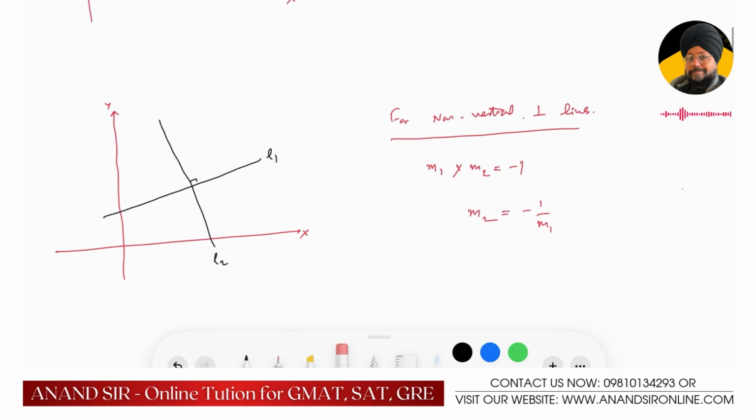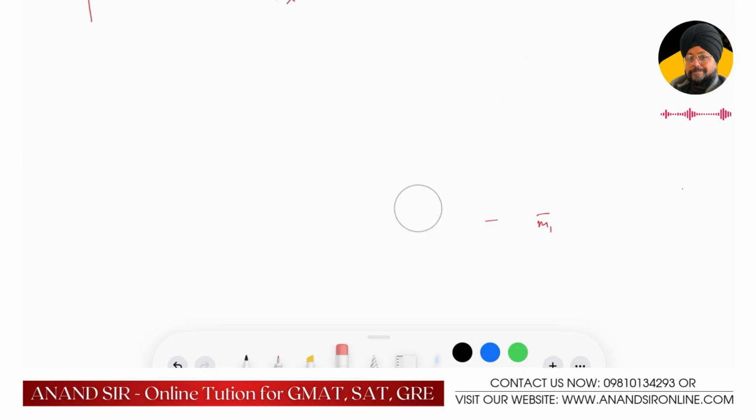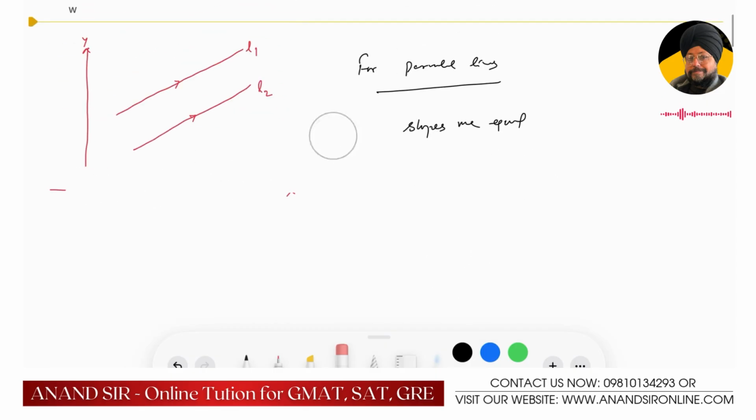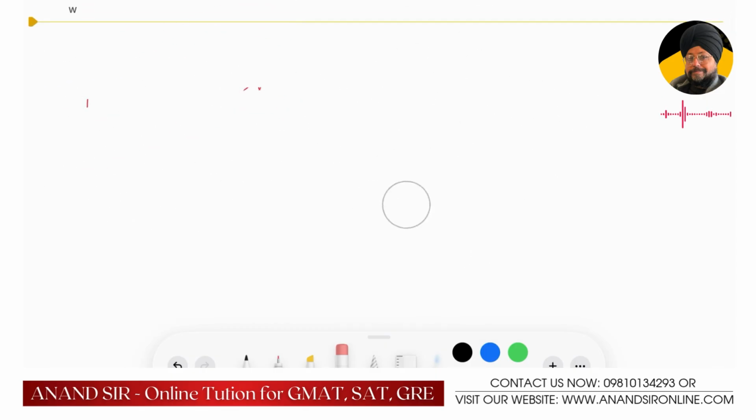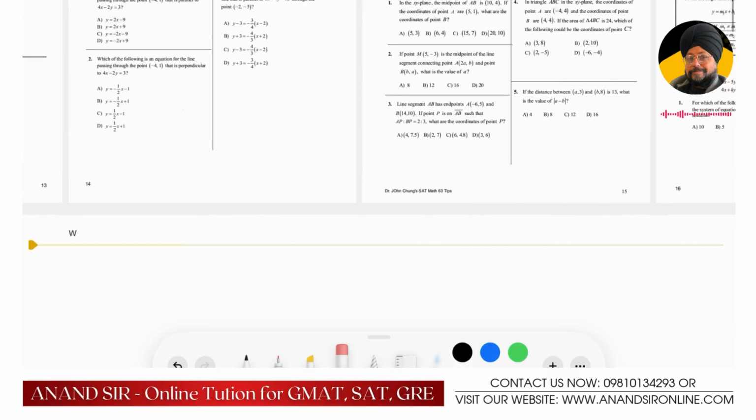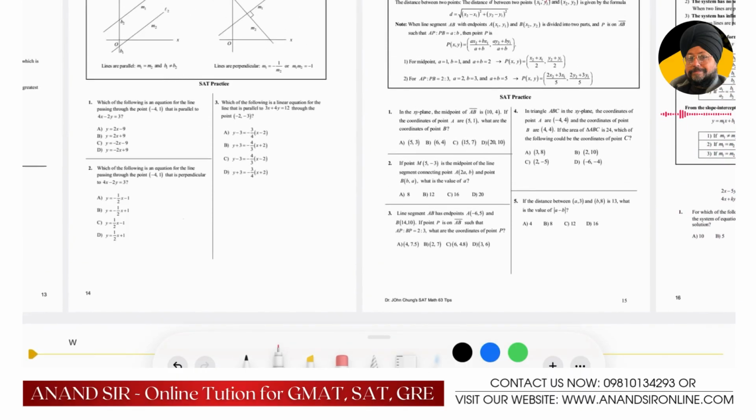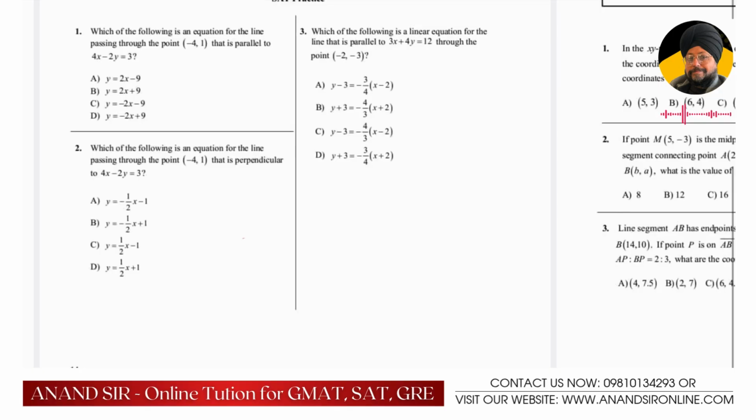Let us see a few questions on this topic. First question is, which of the following is the equation of the line passing through -4, 1 and that is parallel to this line? See, parallel to this line means slope should be equal, right?